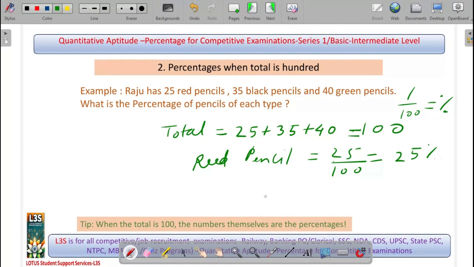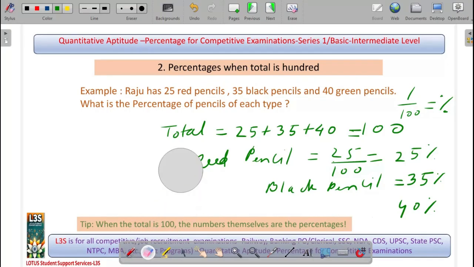Similarly, black pencil we can directly write 35%, and in case of green pencil we can write 40%. So when total is 100, the numbers themselves are the percentage. So it's very easy if the total is 100.